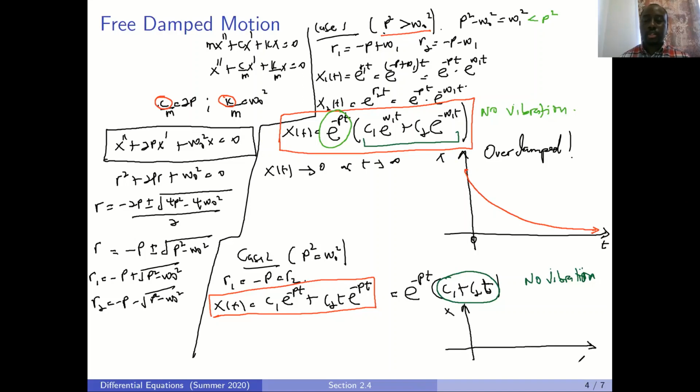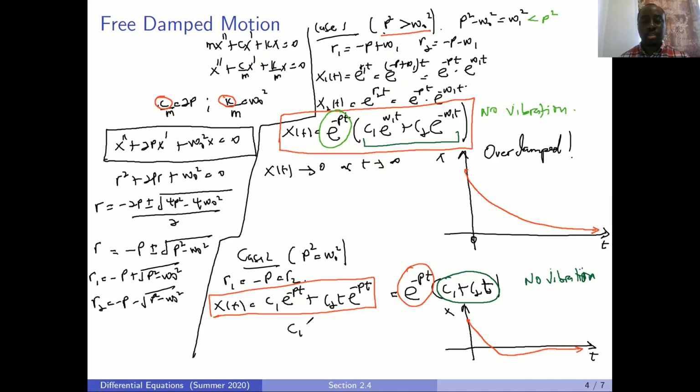So this is x and this is t, and if we start from this point here, we can imagine a situation where we actually cross, but then eventually, because of the exponent, we will have to go back to rest, because of this term here, which is eventually going to dominate whatever is going on there. And we can calculate the time when we actually cross our rest position.